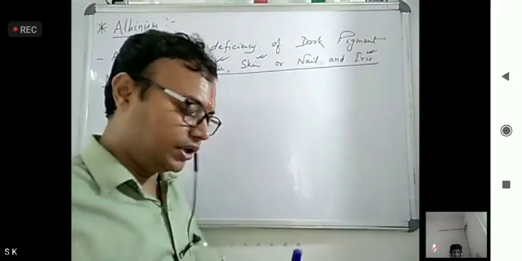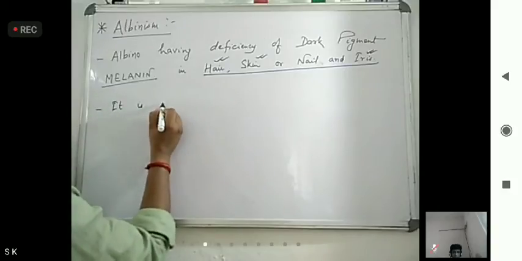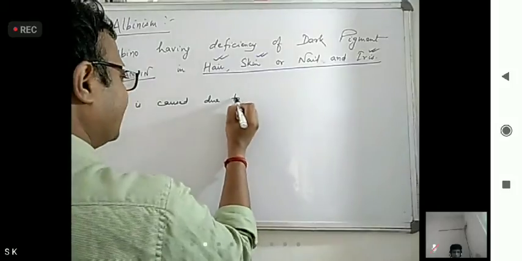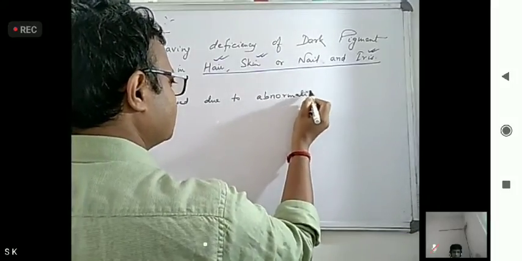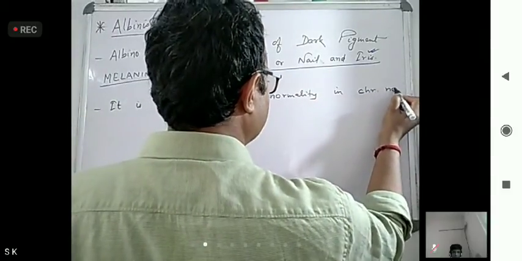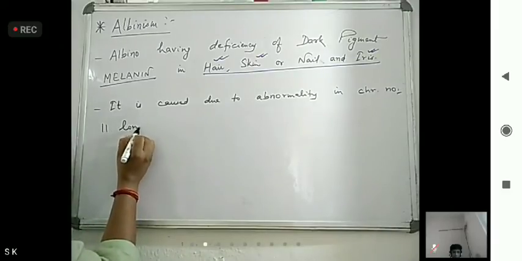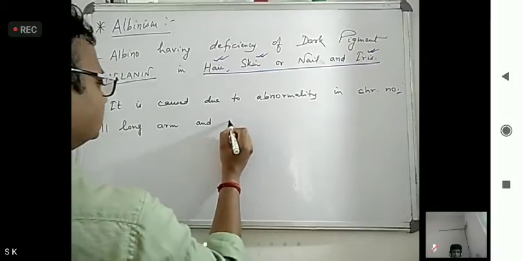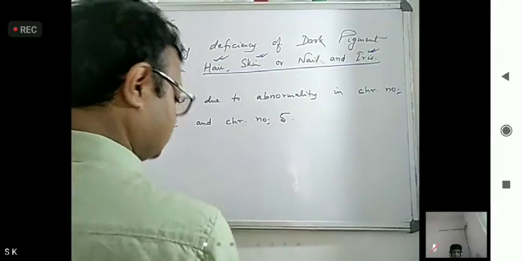So it is caused due to abnormality in chromosome number 11, long arm, and chromosome number 5.